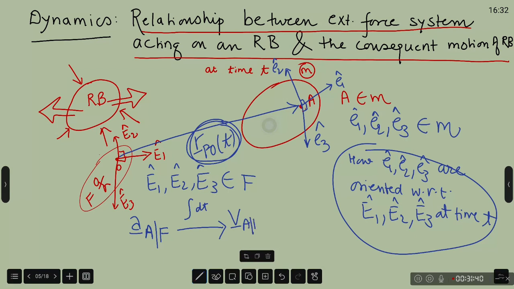And if I know VAF, I can time integrate it to get R. Okay, here I made a mistake. I should not write P here. Should write A. There is no P here. So you know AAF, time integrate, you get VAF, time integrate, you get RAO.